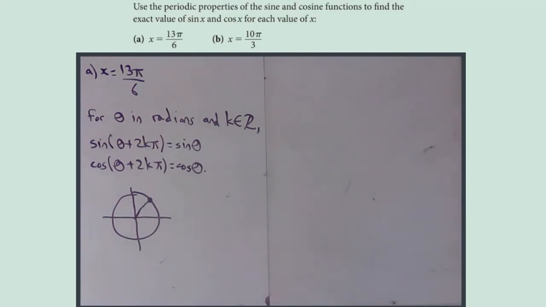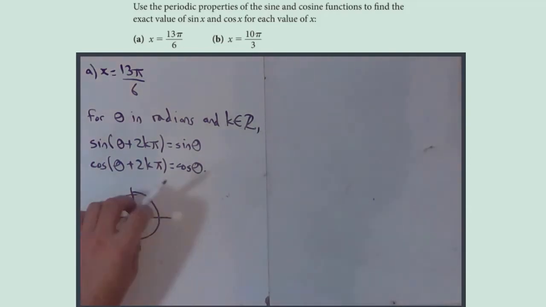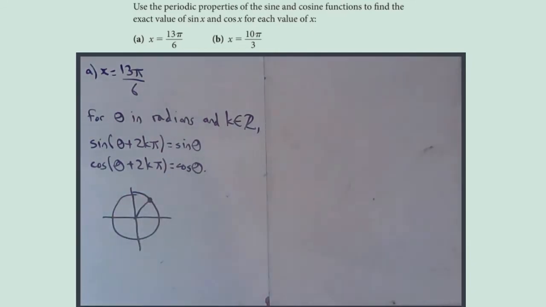We have the same x coordinate, same y coordinate, so the same value of sine theta and the same value of cos theta. If we did any multiple of 2 pi, including a negative multiple, going backwards, we will always get back to the same place. That's what this periodicity is, and why it works. It's not the same for tan. Tan has a period of pi, 180, so do be careful with tan.